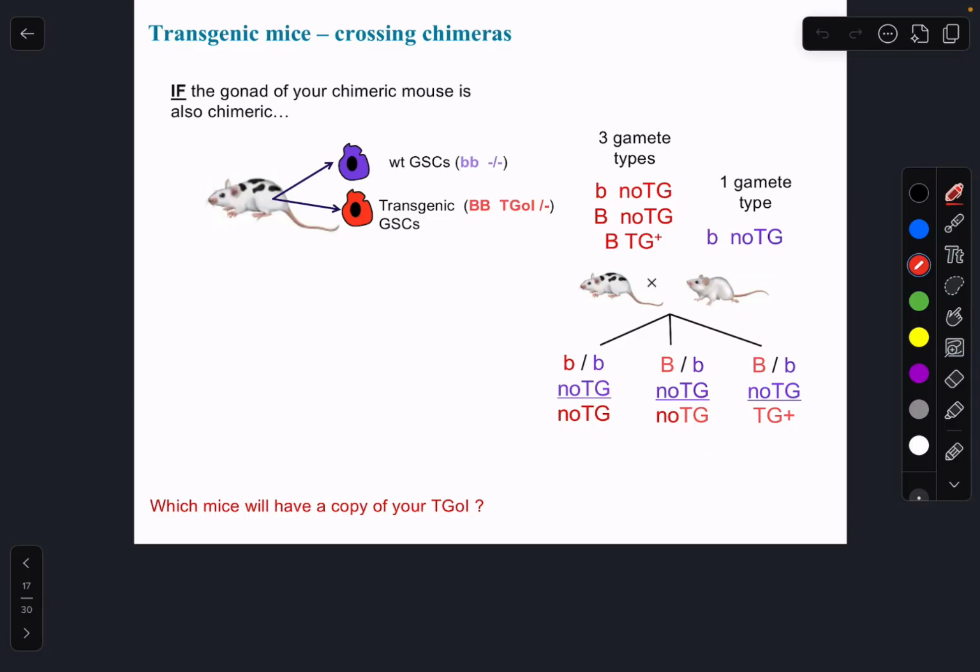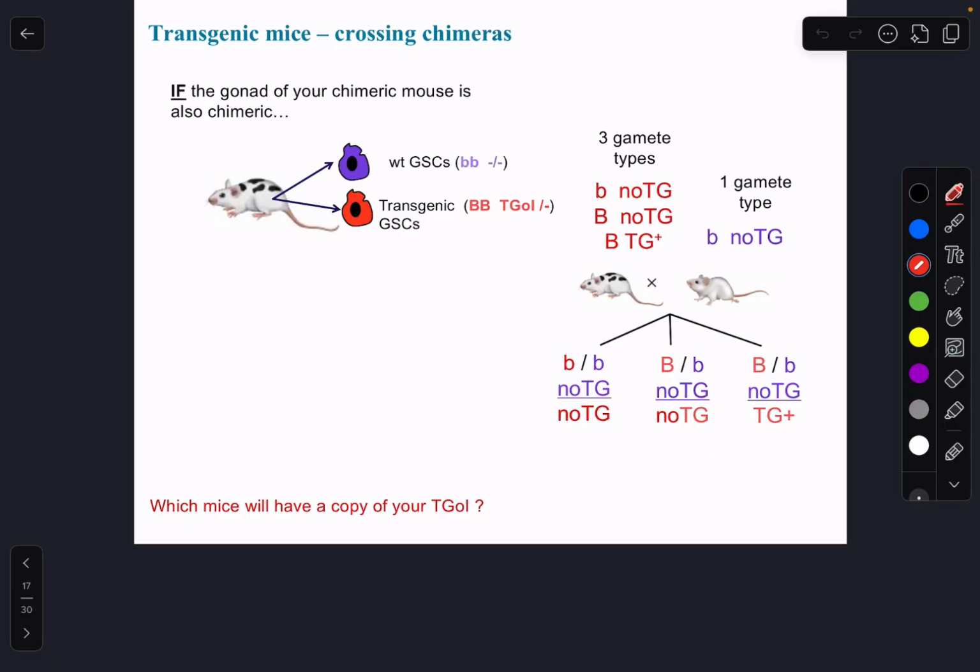Here's where I need everybody to take a deep breath because this is a conceptual leap. The idea here is that a chimeric mouse can produce three types of gametes. And it doesn't matter, it can be eggs if they're female chimeric mice, or sperm if they're male chimeric mice. There can be three types of gametes. There can be gametes that have a recessive allele for fur color and no transgene.